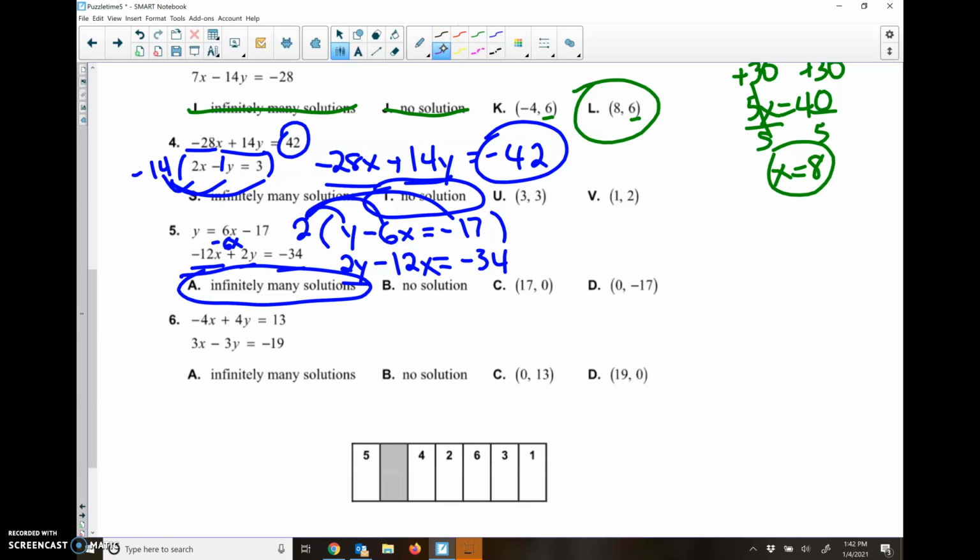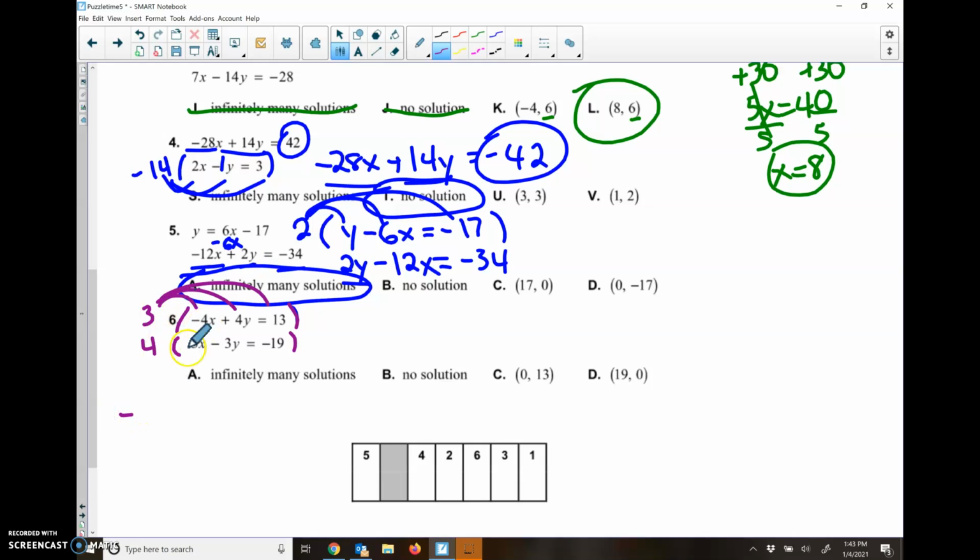Okay? Ooh, this one's a little tougher here. So this one kind of the same thing. None of it looks like it's going to be the same, but I can multiply them to make them the same. So 4 and 3, just change colors. I can multiply this by 3 and this by 4, and we'll see if we can make them the same. Or I could just multiply the bottom by 4/3, but that's a lot of fractions.